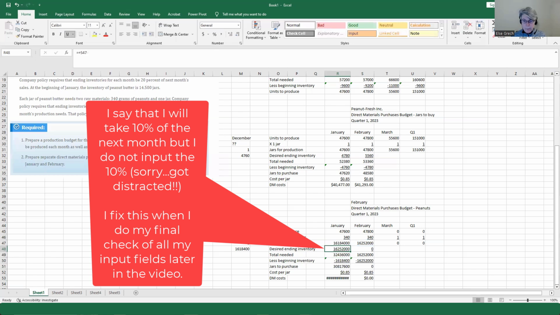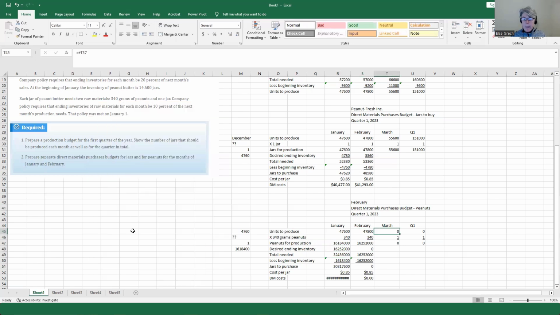I'm going to do March. This is going to be 340. Now notice it's automatically calculating this, that, this, and that. And this is peanuts to purchase.